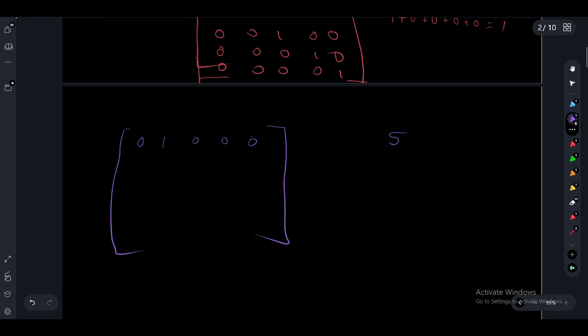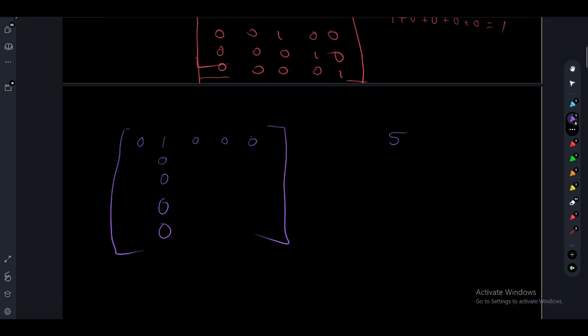Once I use a 1 in some place, all the other places I must use 0. Now if I use 1 in the second place, I can't use 1 there in the second row, because the column we are adding must sum to 1. So in this whole column, we must have all zeros.